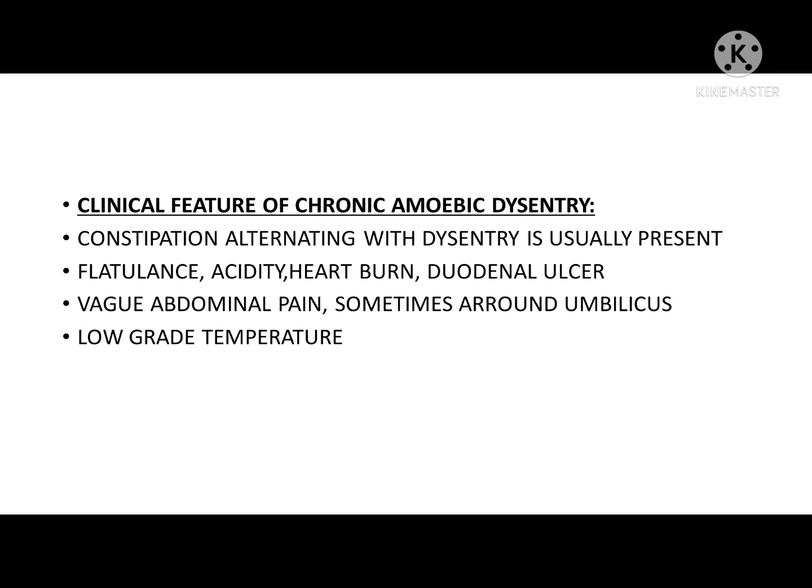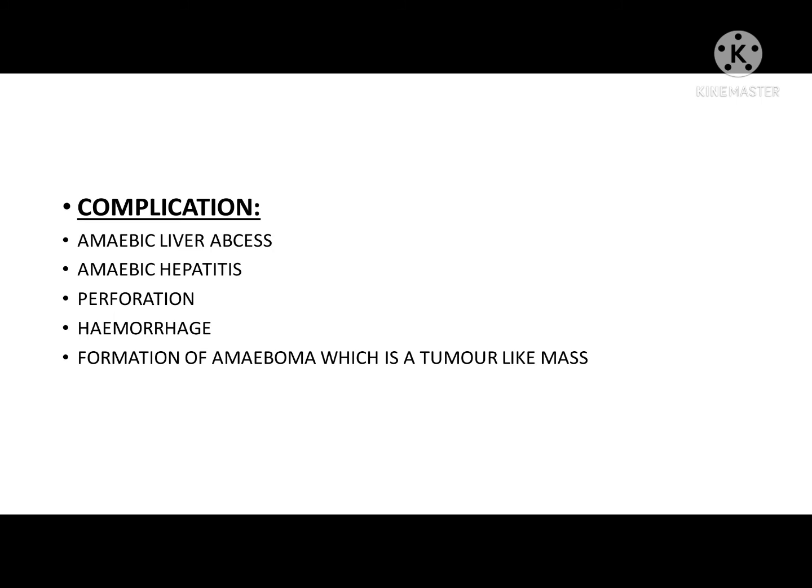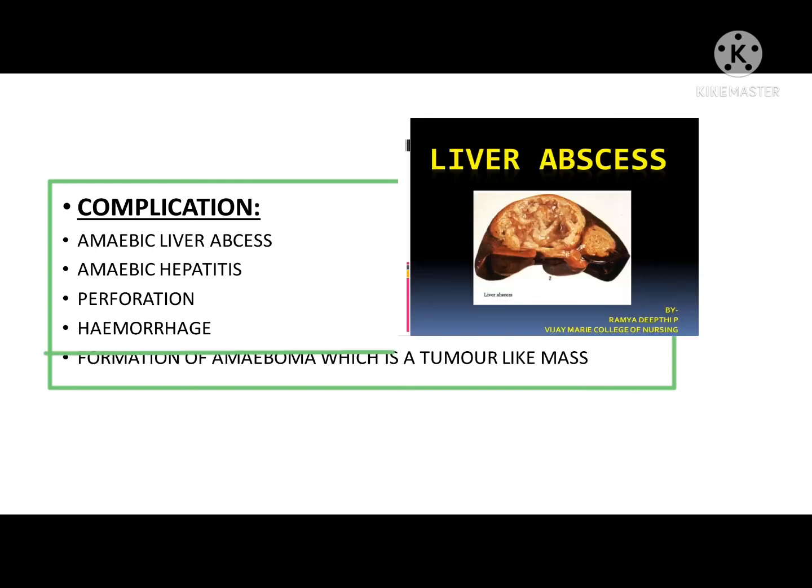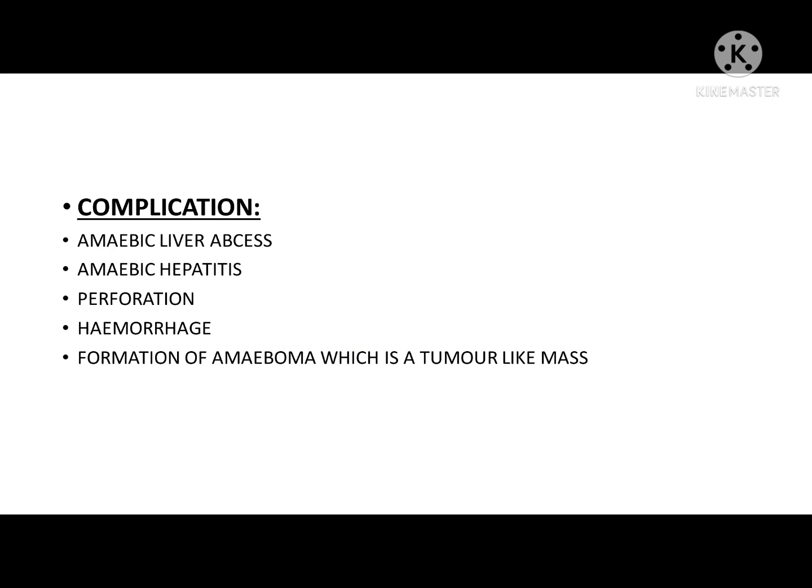Temperature is of low grade and abdominal pain is seen in the abdominal region and also around the umbilicus region. Now let's talk about the complications. Here we can see amoebic liver abscess, amoebic hepatitis, perforation, hemorrhage, and sometimes formation of amoeboma, which is a tumor-like mass. These can be the complications.